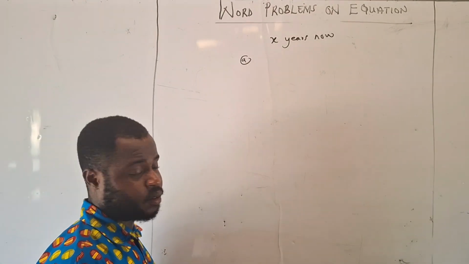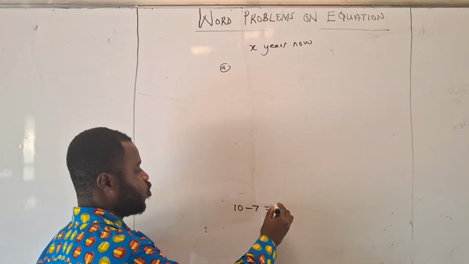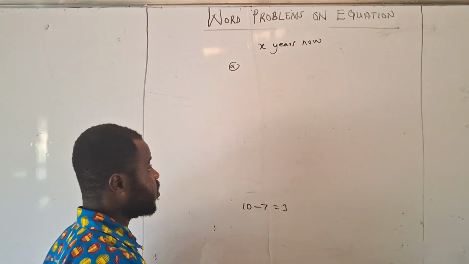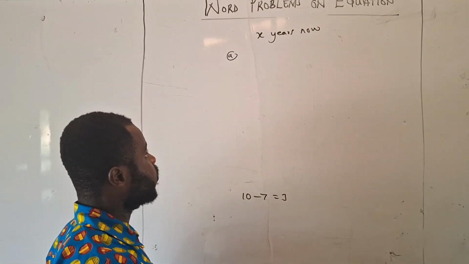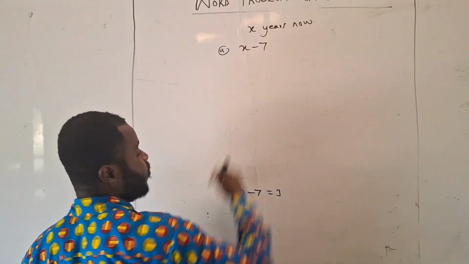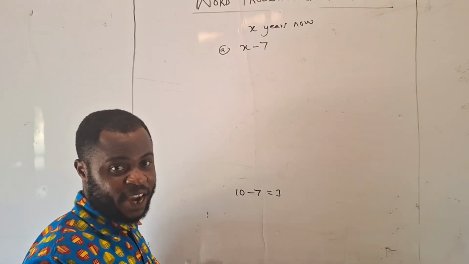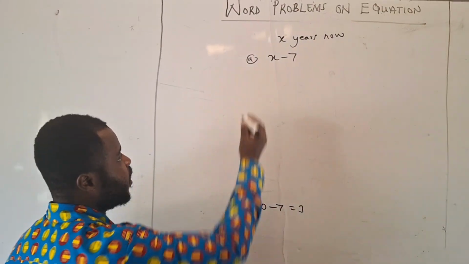You'll be 3. Why? Because it will be 10 minus 7, which will give you 3. So this person is saying that 7 years ago, how old was he? It is going to be x minus 7. His age now minus 7. Now B.